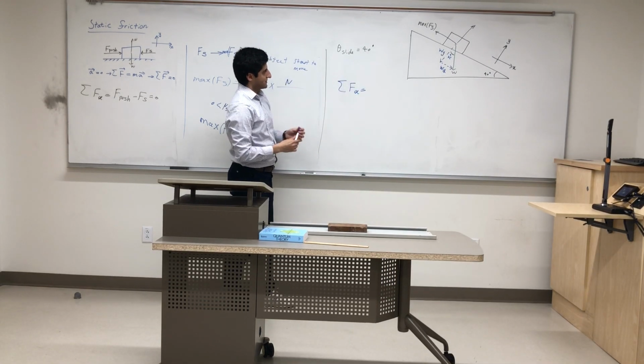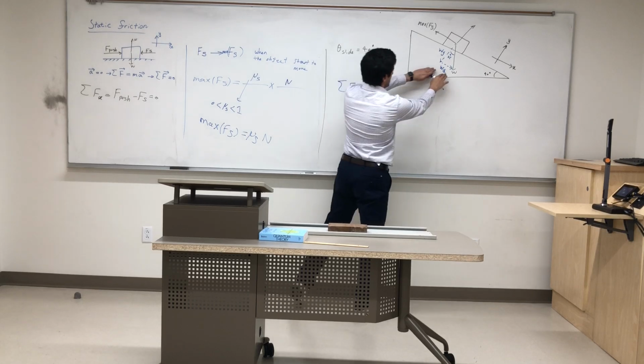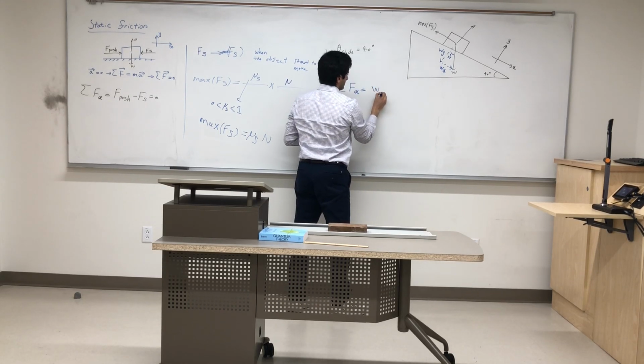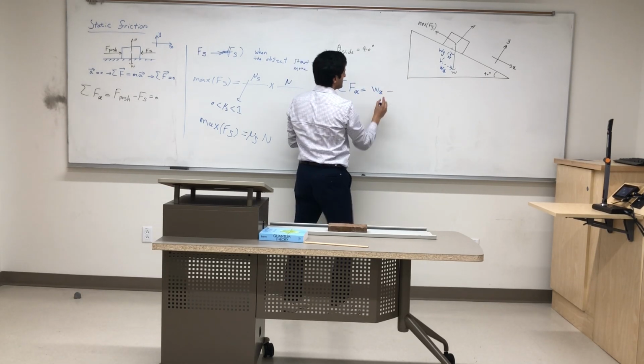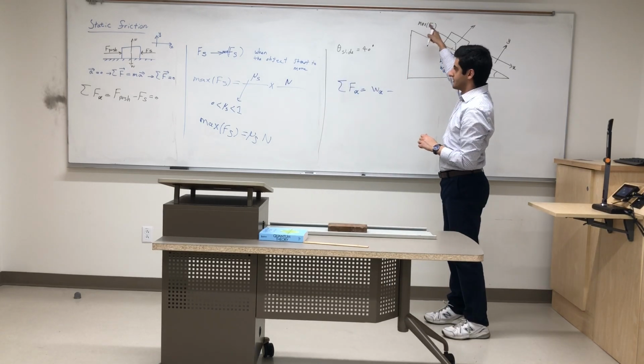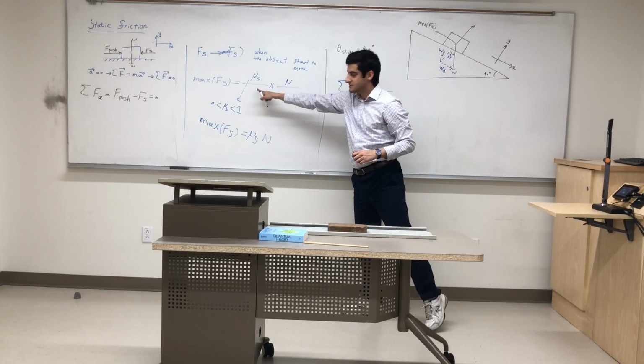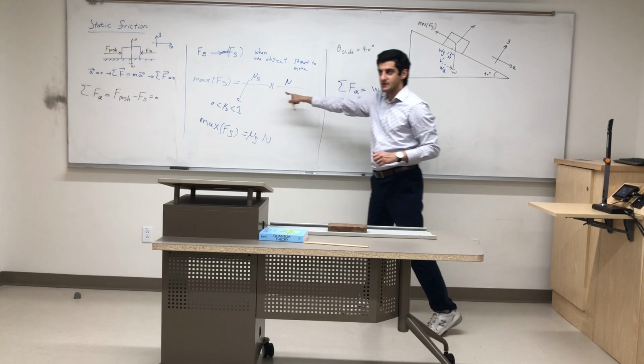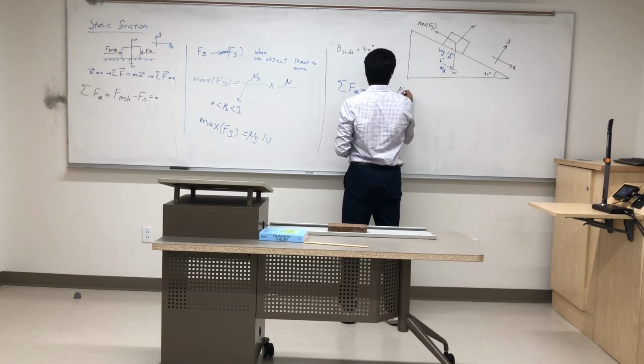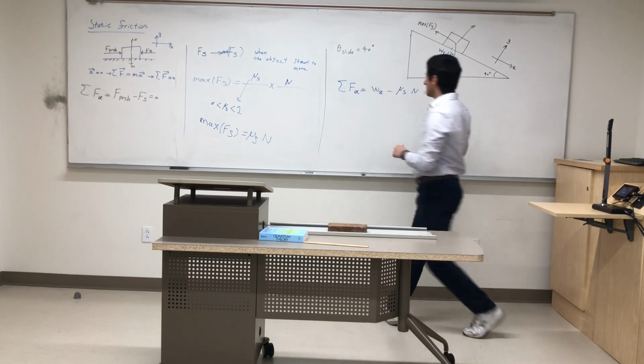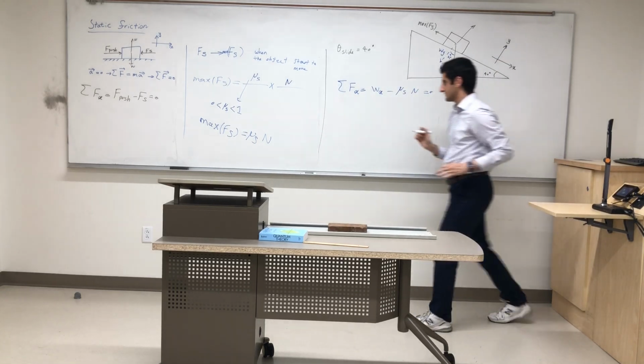For the x direction, I have Wx, which is positive, and maximum static friction, which is upward. But remember, maximum static friction can be calculated by mu s times normal force. So I write that down. And I know it's 0 because the object is not moving, right?